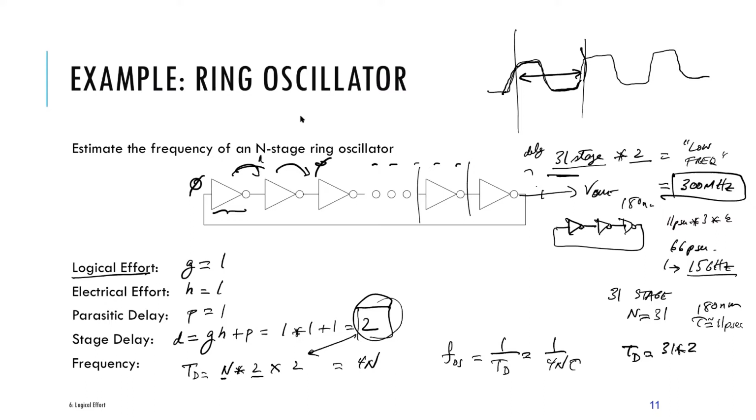No, wait a minute. Sorry, guys. We already had all that included in this. So the time delay, t delay, is equal to 4N tau.